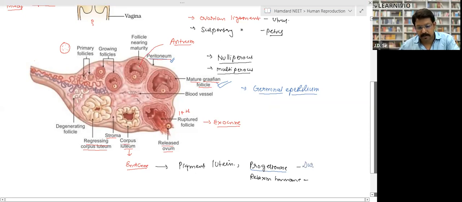And it releases relaxin hormone at the end of pregnancy.